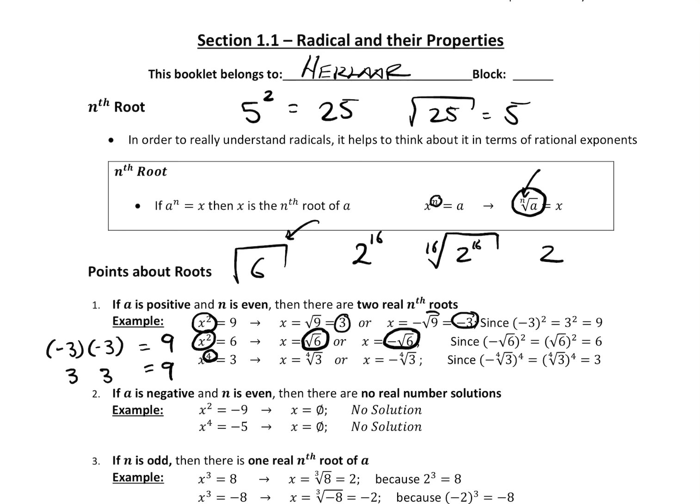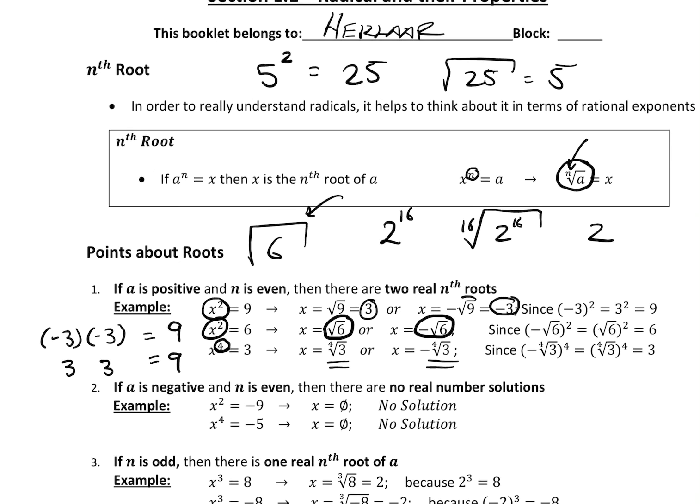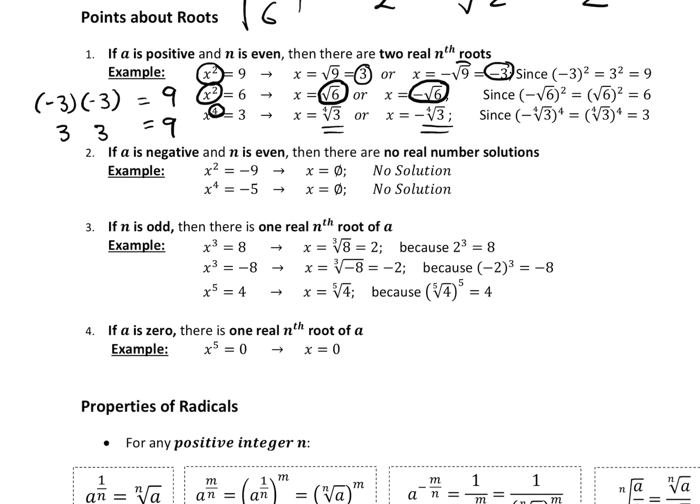So if you have an even exponent, you will always have plus or minus as your answers. But if you have an even exponent and the answer is negative, that does not exist. It's not possible to multiply a number by itself twice and end up with a negative solution.